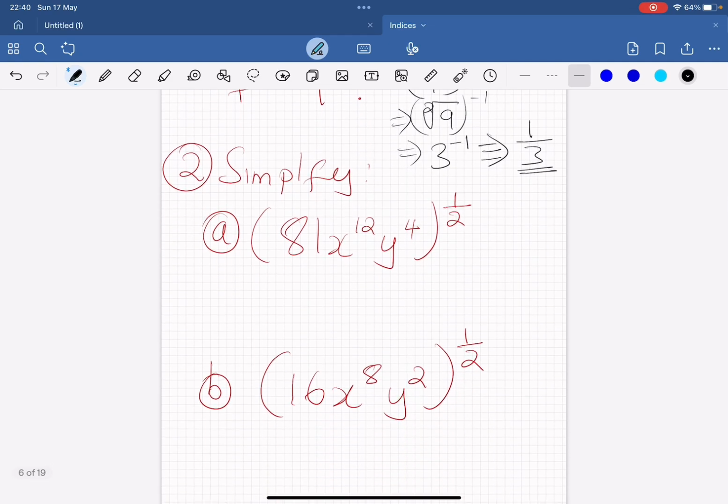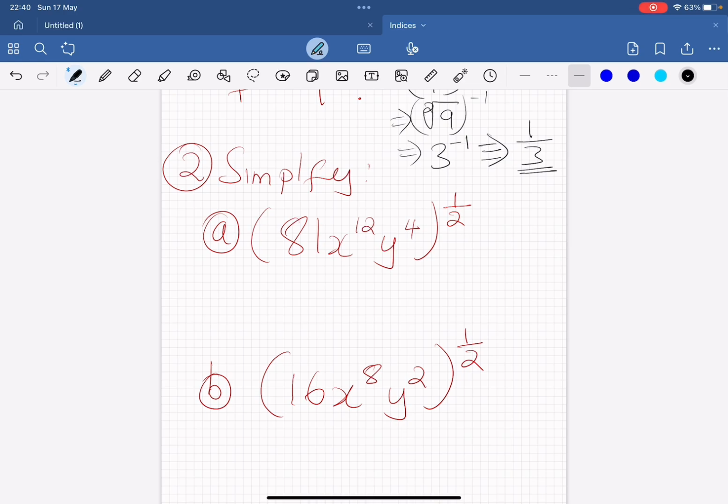Moving along, you are told to simplify 81x to the power 12, y to the power 14, all of which is in brackets and powered by 1 over 2. Now, the 2 on the outside hints that whatever is here should be made into a power of 2.